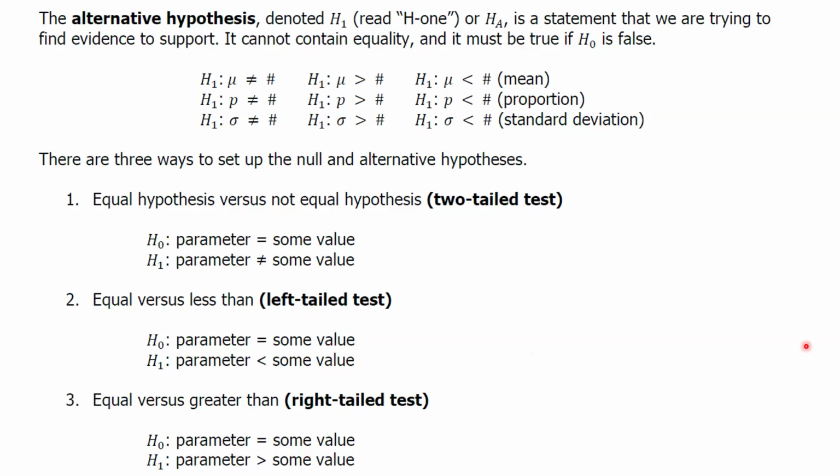So then if the left tail test is for decreased, you can then assume, and you would assume correctly, that the right tail test, equal versus greater than, would be for increased. So this is where you have a parameter equal to some value for the null, and then a parameter greater than some value for the alternative.